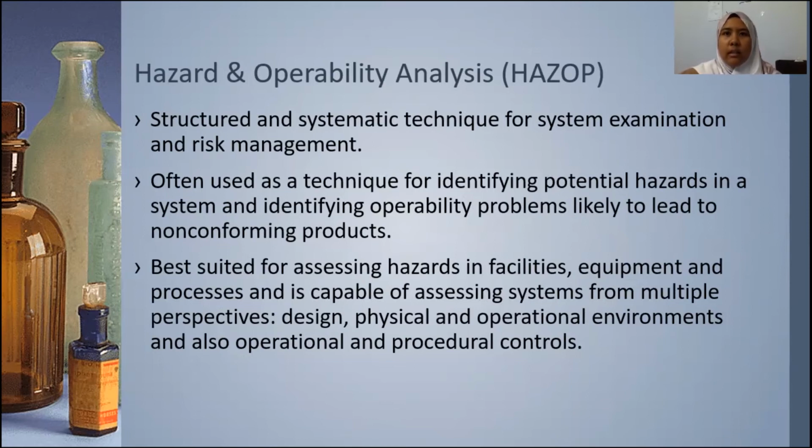Other than that, it is capable of assessing the physical and operational environment, ensuring the system is appropriately situated, supported, serviced, contained, and so on. Furthermore, it is capable of assessing operational and procedural control, where it assesses engineering control, sequence of operation, and procedural control. It also assesses different operational modes such as startup, standby, normal operation, steady and unsteady states, and many more.